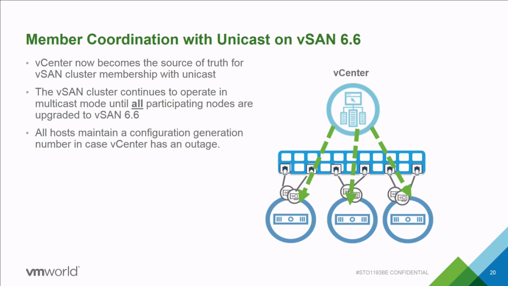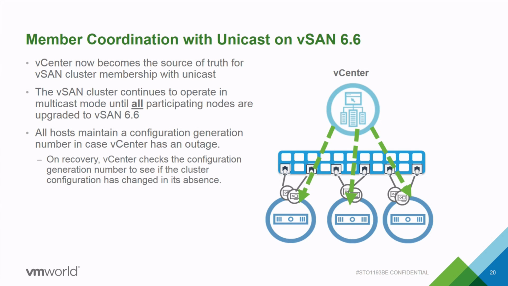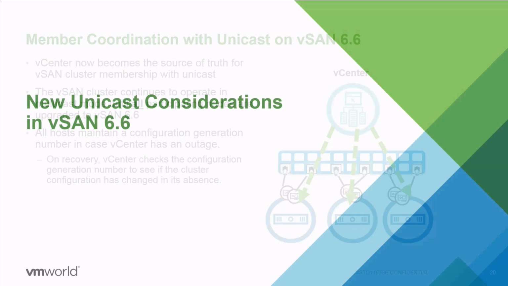If we lose vCenter for whatever reason, the ESXi hosts can still have configuration changes made, no problem there. When vCenter rejoins, it checks its configuration sequence number against the one on the ESXi host. If they're still the same, nothing has changed and I don't need to do anything. If the configuration sequence number on the hosts is now higher than what vCenter has, it goes out and relearns the configuration from CMMDS. Cool, that's basically what that is all about.